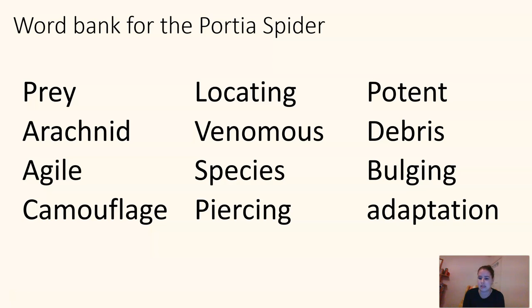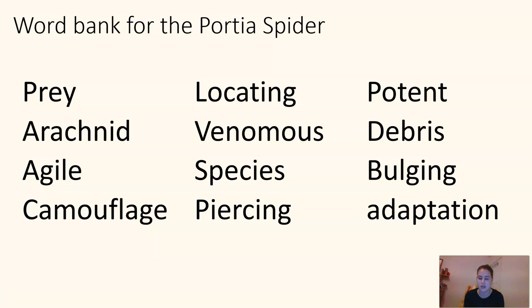An arachnid is another word for a spider. Venomous, that describes the venom, whether it's a venomous animal, whether it's poisonous. We've looked at debris. Debris is one of our vocabulary spelling words that we looked at last week with our silent letters. So debris is to do with all of the extra bits and pieces that's left over, be it wood, be it rubbish, be it leaves. We've got agile, which is going to describe the way that my spider is going to move.